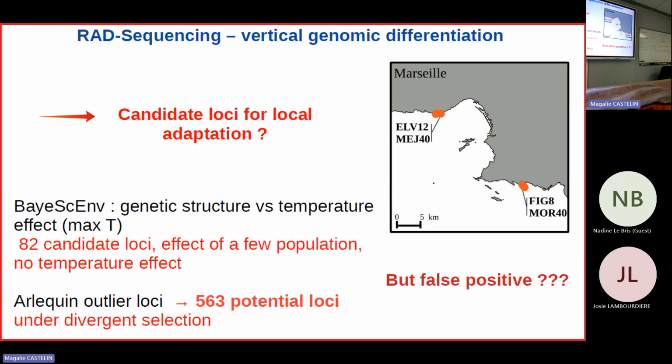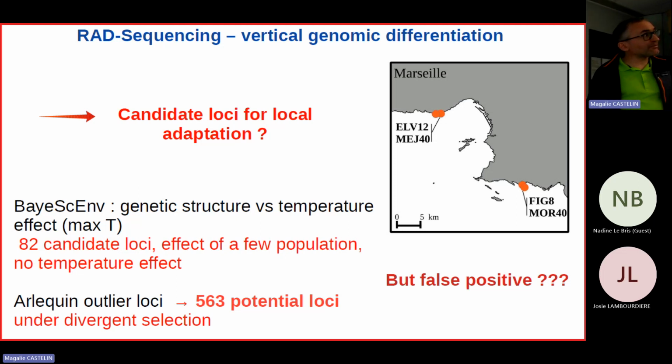To do that, we can use the RAD sequencing data and try to see if the variations for some of these 27,000 genetic markers are really correlated with depth or with temperature. This is an easy way to talk about what we call the search for selected or outlier loci. There are various methods.